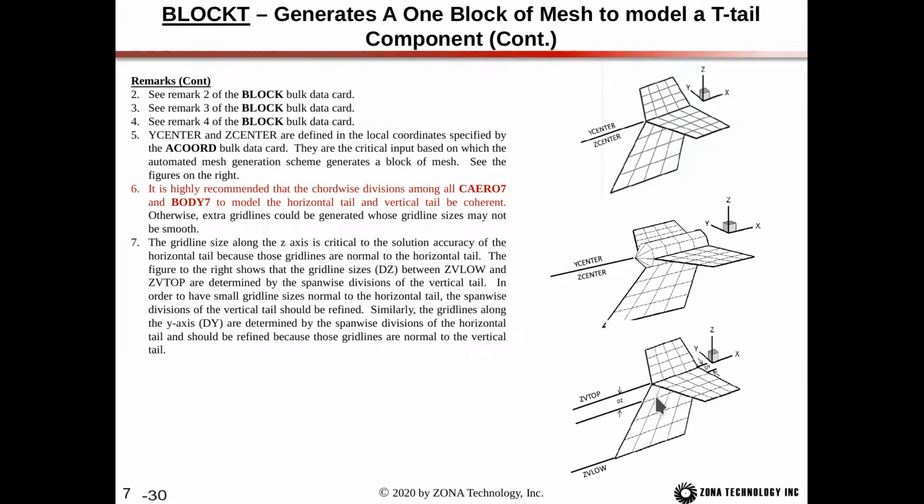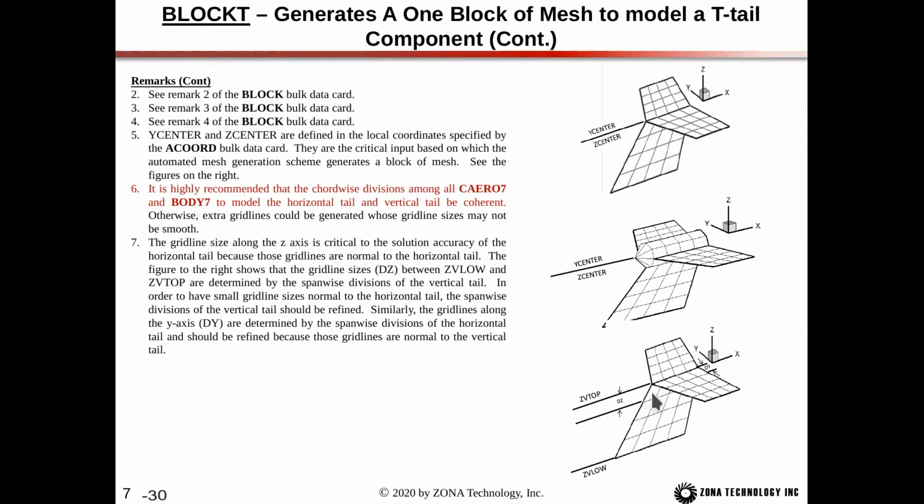So in this case, you want to make sure that this DY and this DZ are small enough such that the boxes sitting outside of the vertical tail and the boxes sitting on each side of the horizontal tail are small enough. So when you make use of the block T, your span-wise cuts of the horizontal tail and your span-wise cuts of the vertical tail near this intersection should be smaller than they normally would be, because the span-wise cut size is actually defining the size of the boxes for the adjacent surface, normal to the direction of the surface.